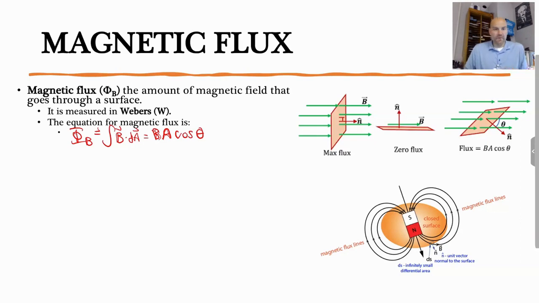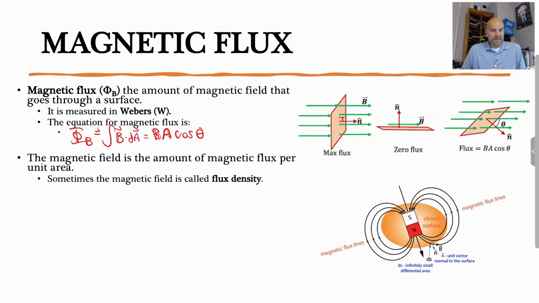Something to note is that the magnetic field is the amount of magnetic flux per unit area, and sometimes we call this flux density. So B is equal to magnetic flux over area. But if you do a little bit of algebra here, you end up with magnetic flux equals BA.